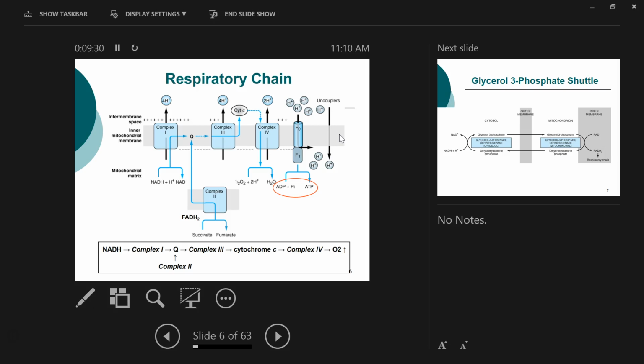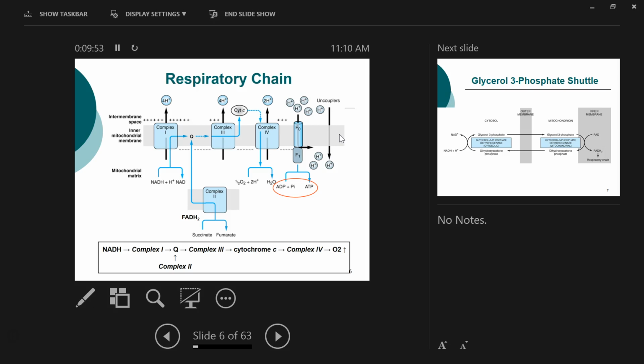So that may help us understand why NADH can generate 3 ATPs and FADH only 2 ATPs. You can see NADH usually transports electrons to complex 1, and then 3 and 4 and 5.